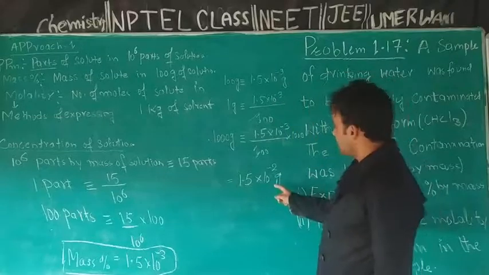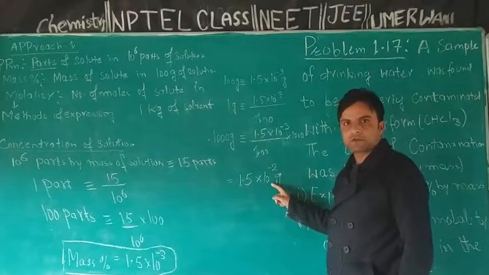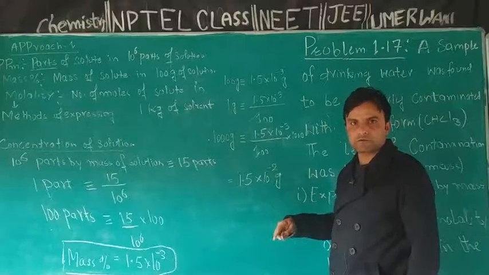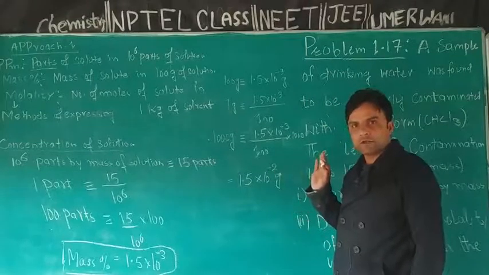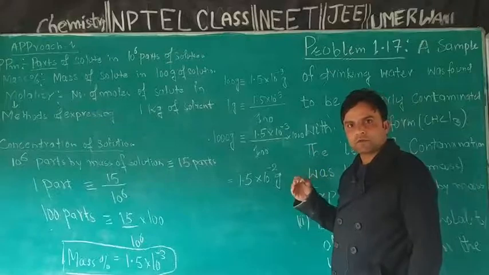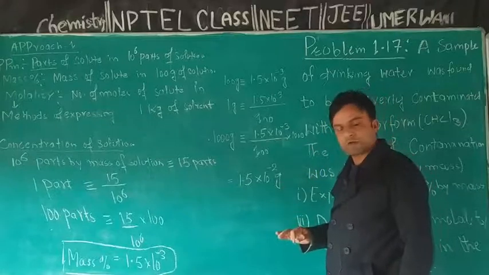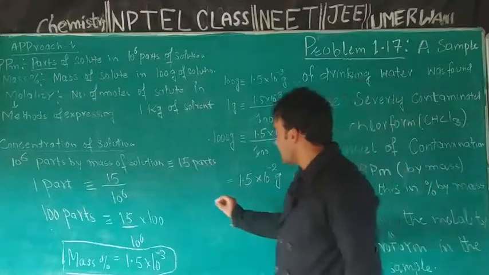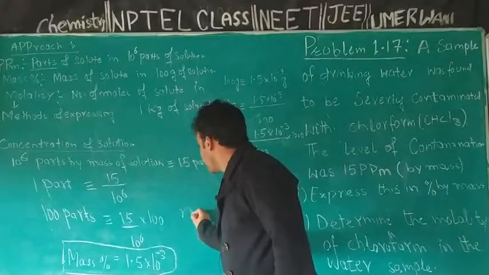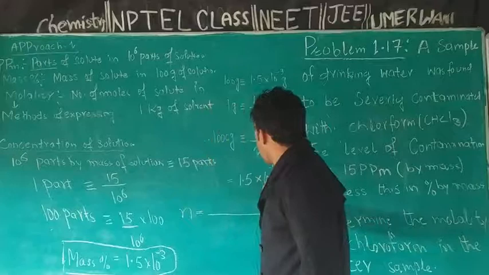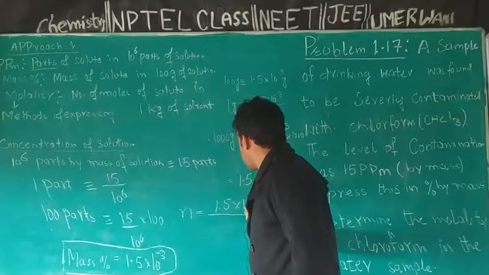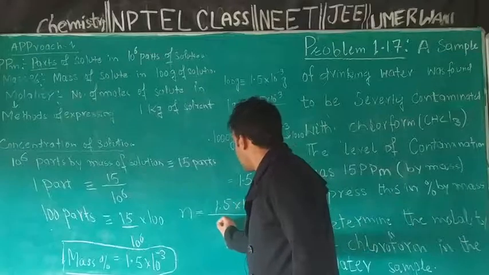This is the mass of solute present in 1000 grams of solvent or 1000 grams of solution, because solution is very dilute, and mass of solvent will be equal to mass of solution. Now I will calculate number of moles. Number of moles will be equal to mass 1.5 into 10 raised to power minus 2 divided by its molar mass.